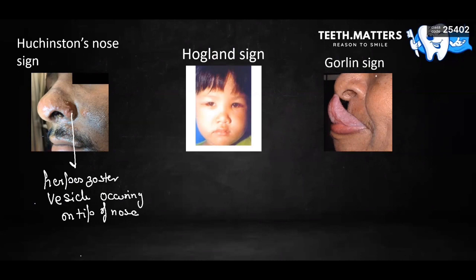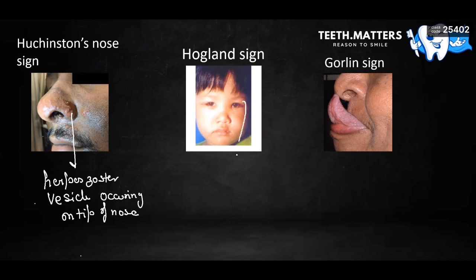Next sign is Hoagland sign. What is shown in this picture? There is swelling, bilateral upper eyelid edema. So it is Hoagland sign. It is present only for the first few days and is seen in infectious mononucleosis. Present only for the first few days of clinical presentation of the illness.